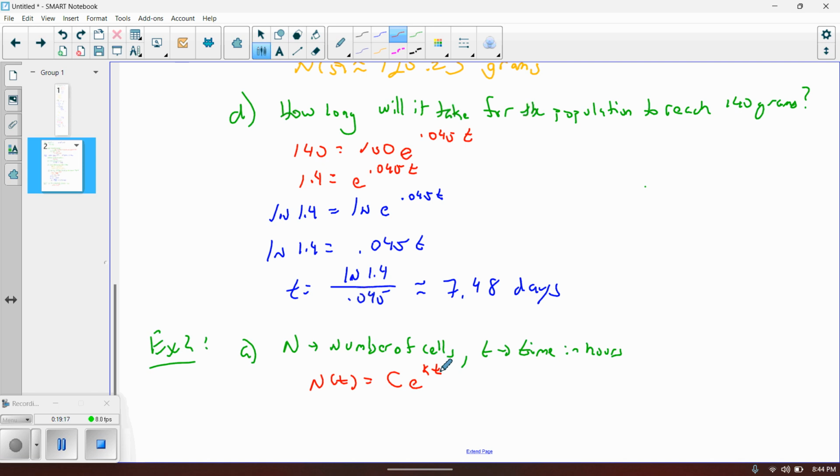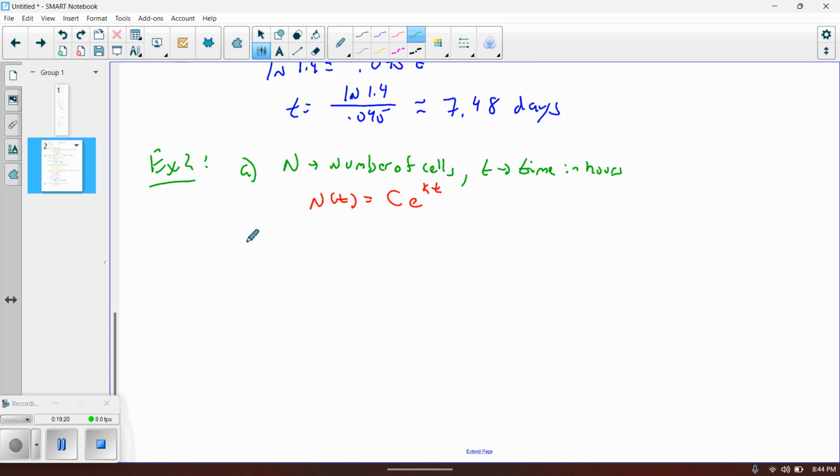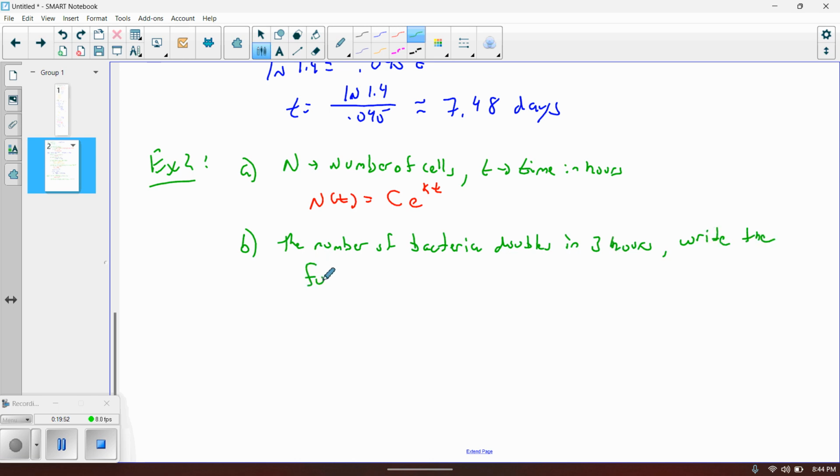So they have to give you some additional information, which I am about to do for part B. So part B says, if we know that the number of bacteria doubles in 3 hours, find a function that's going to express that. Write the function n of t.